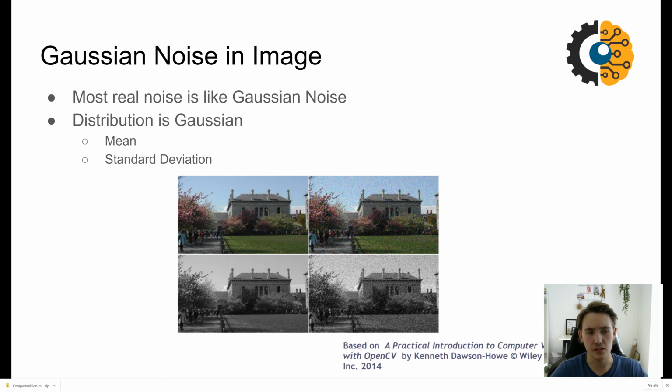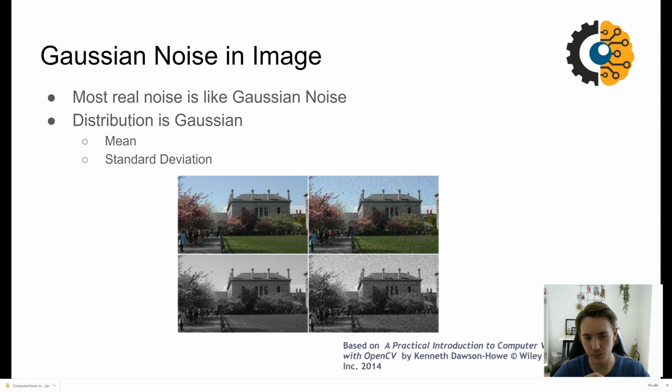We also have something called Gaussian noise in images. Most of the noise that comes into our image is Gaussian noise, and it does look like real noise on an image. The distribution of the noise is Gaussian.